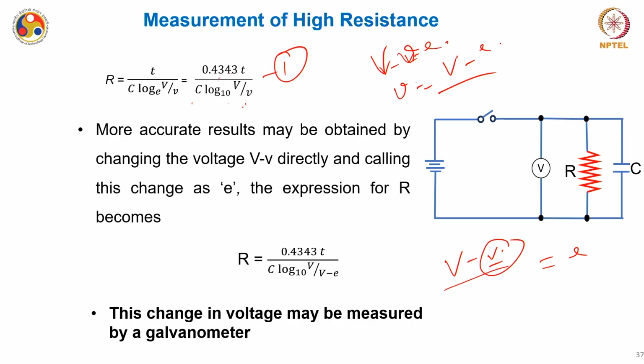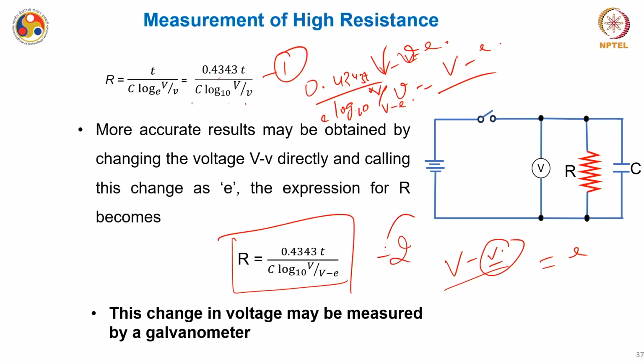Now, if I replace this v with this particular value, I can say that this R is equal to 0.4343 t divided by C log 10 V by V minus E. Alright, like this. So this is my second equation.